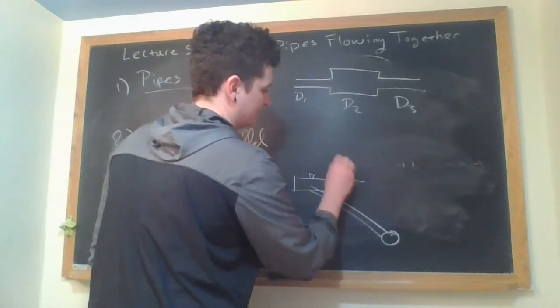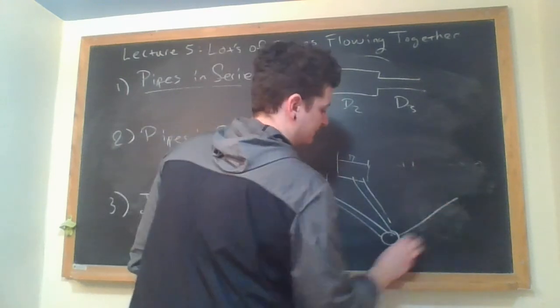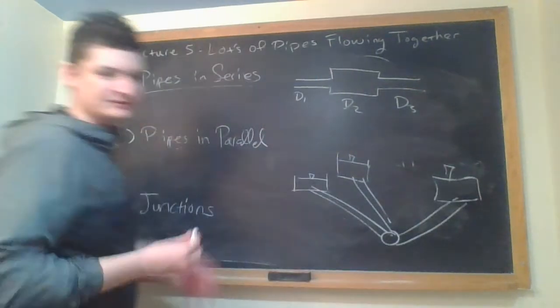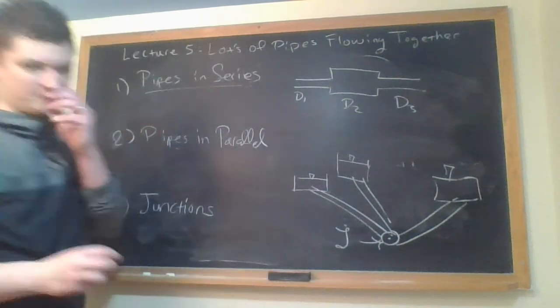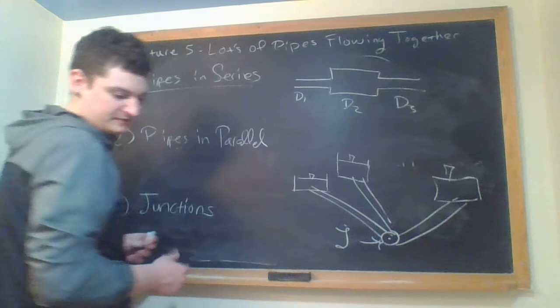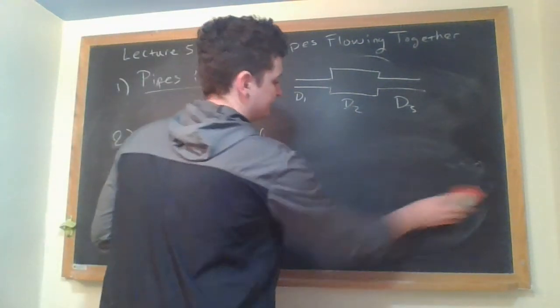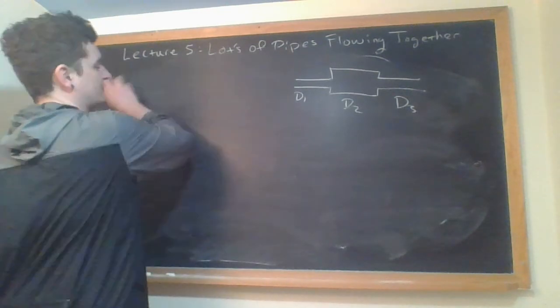There's another one. Something like that. So we have this junction point right here. We'll call that point J, or the junction point. So those are the three main types of problems that we can solve based on the tools that we've developed so far.